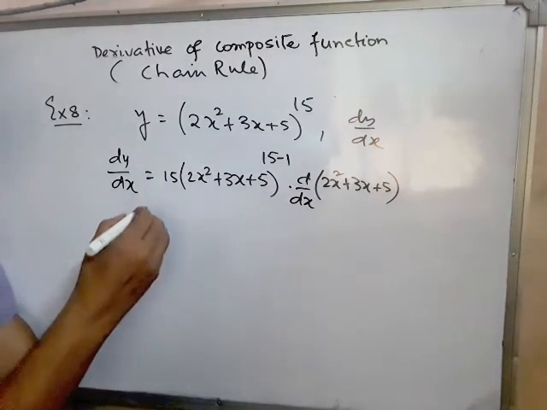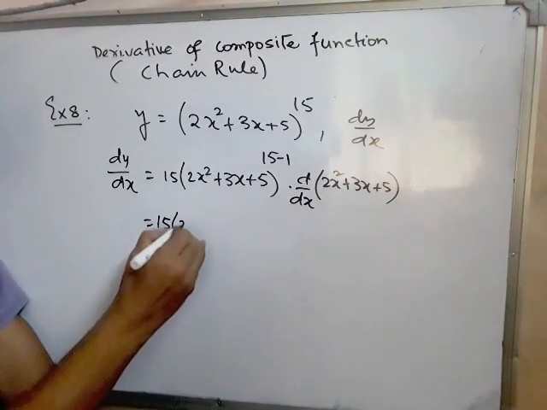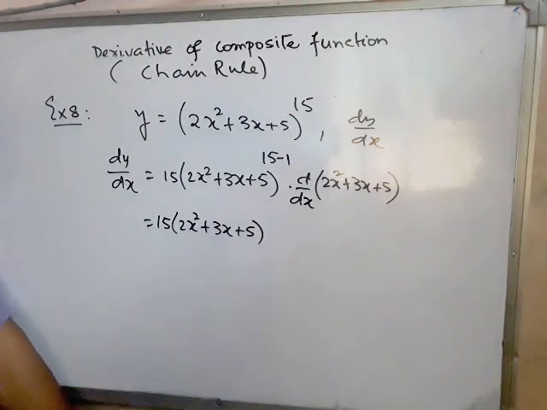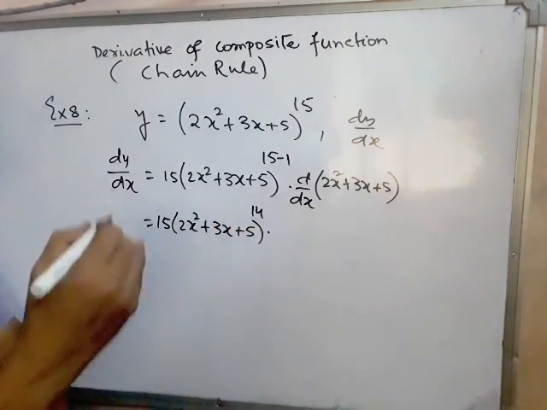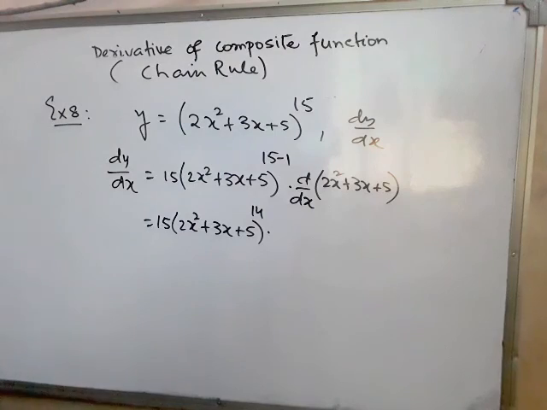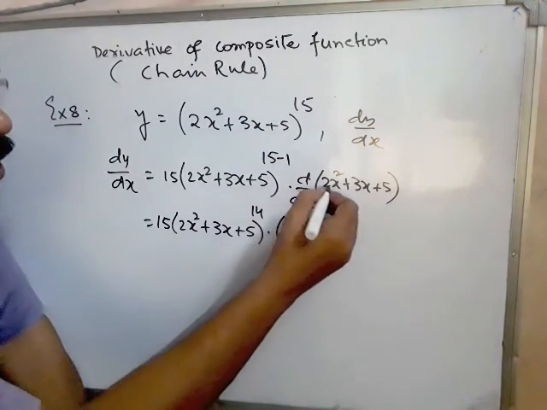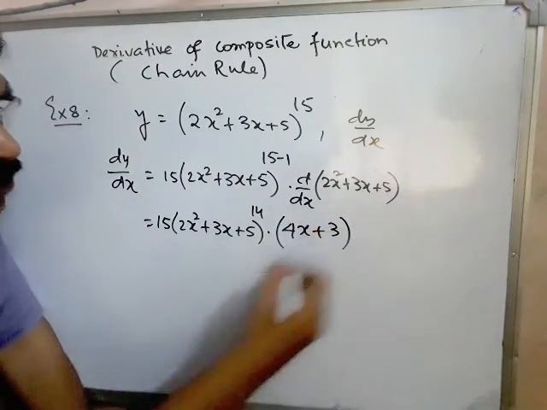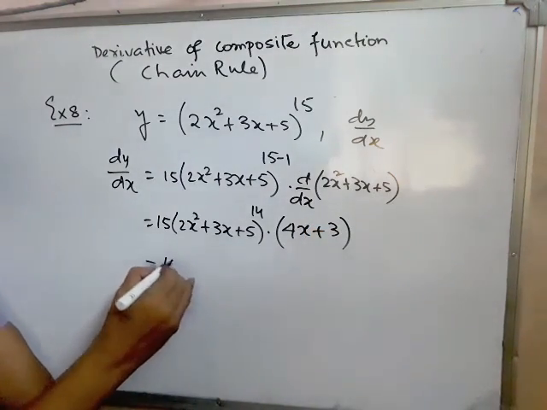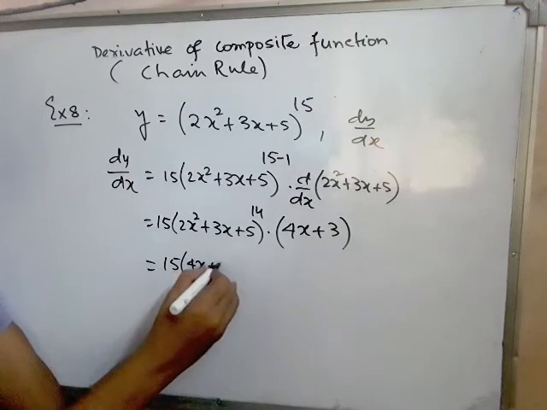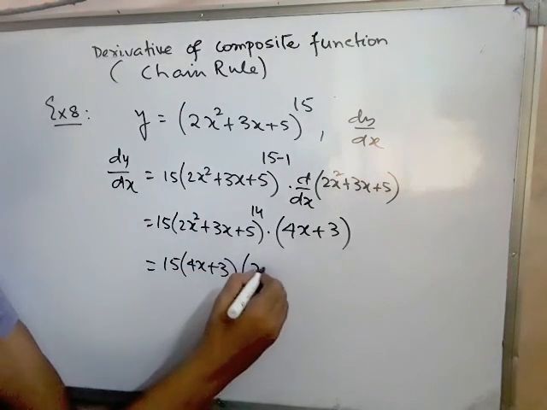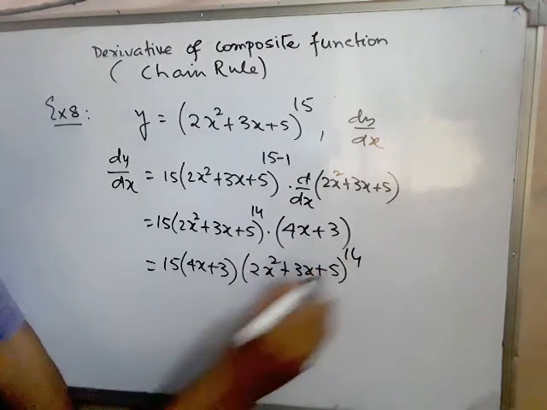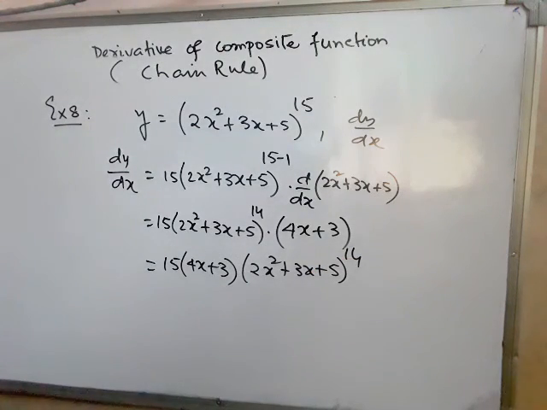So therefore what we get? 15 into 2x square plus 3x plus 5 whole to the power 14 into derivative of 2x square plus 3x plus 5, which is derivative of 2x square is 4x and derivative of 3x is 3. So final answer: 15 into 4x plus 3 into 2x square plus 3x plus 5 whole to the power 14.